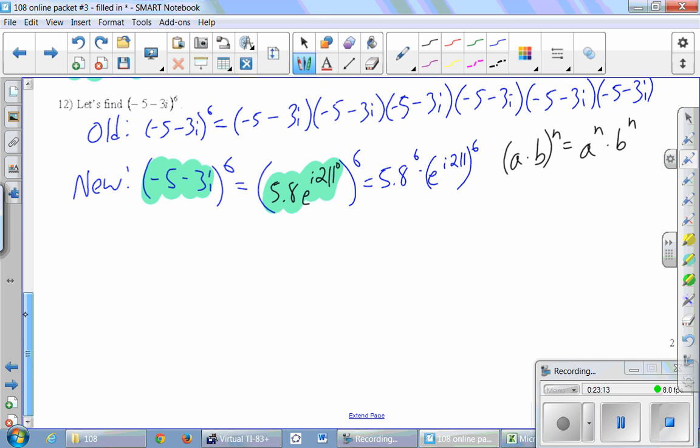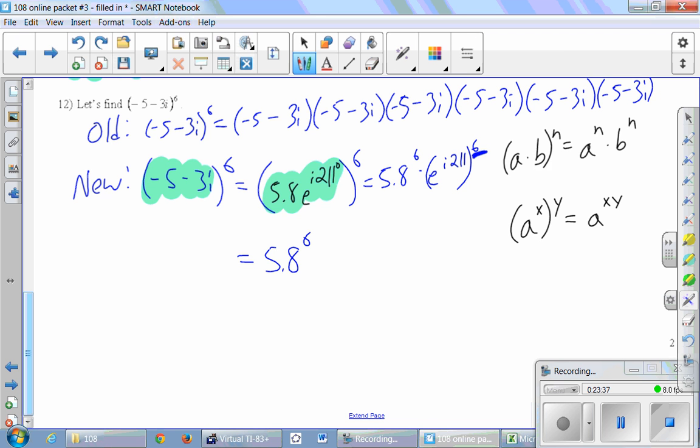Okay, moving on, 5.8 to the sixth, I'll just copy that. But then we've got this other property of exponents that says if you have a to the x, the whole thing raised to the y, what do we do with those exponents? Well, you know that we multiply them. So that's what we've got going on here, because we're going to take the sixth that's out there, that's like the y, and we're going to multiply it by this stuff, which is like the x.